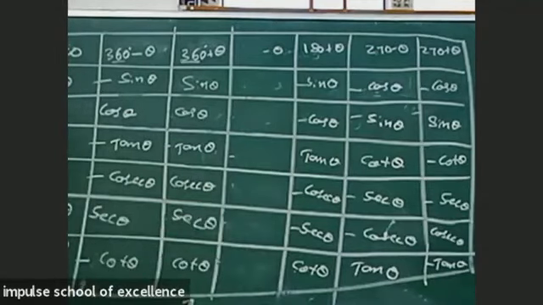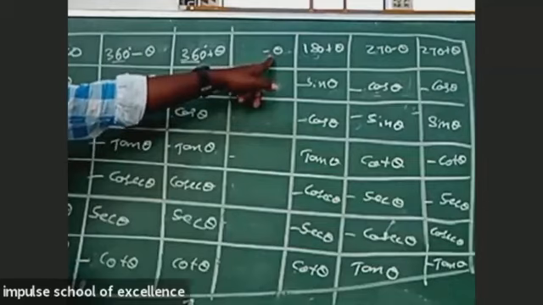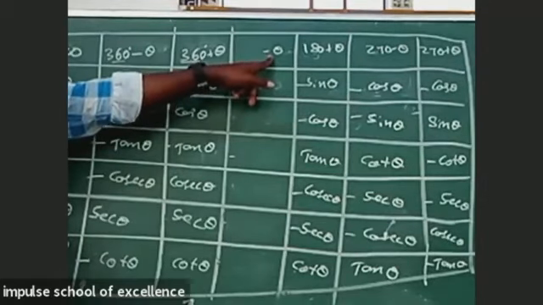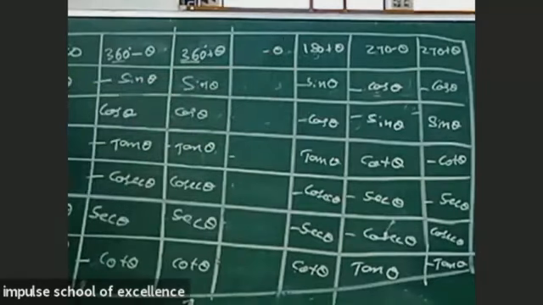In the same way, minus theta is nothing but the negative direction. If it is in the negative direction, we take it as the fourth quadrant.